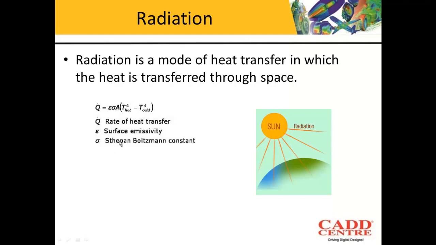But if it is not a black body, it is a gray body, then the emissivity will be something lesser than 1. So if you're talking about radiation on a perfectly black body, emissivity becomes 1. So the formula becomes sigma, that is the Stefan-Boltzmann constant, area, and T to the power 4, that is a temperature difference.